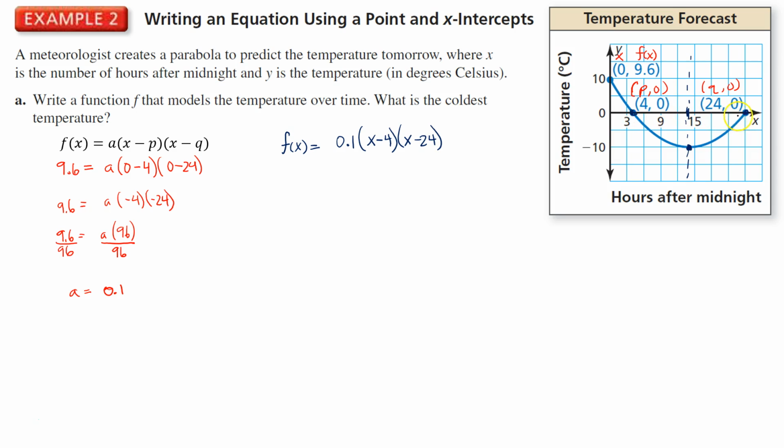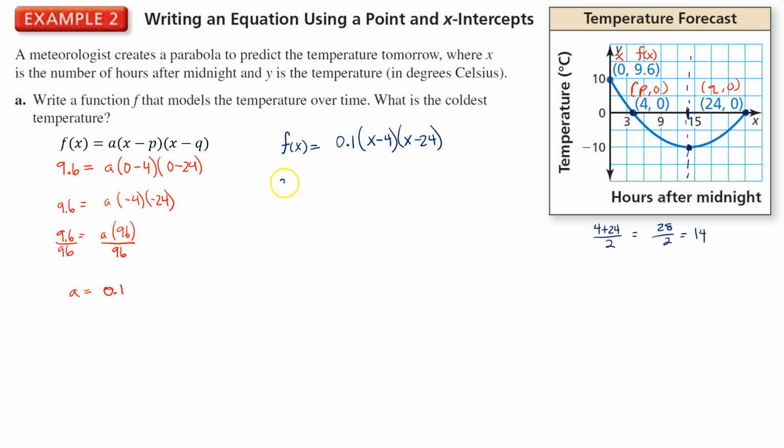So all I've got to do is figure out halfway between 4 and 24. So I can just do the average of 4 and 24. 4 plus 24 divided by 2, that's 28 divided by 2, and that is 14. So this happens at x equals 14.